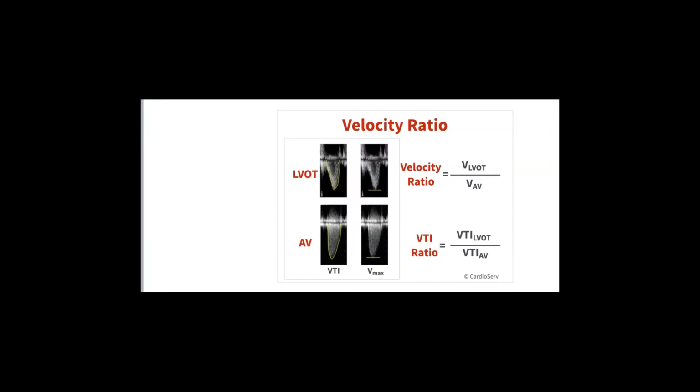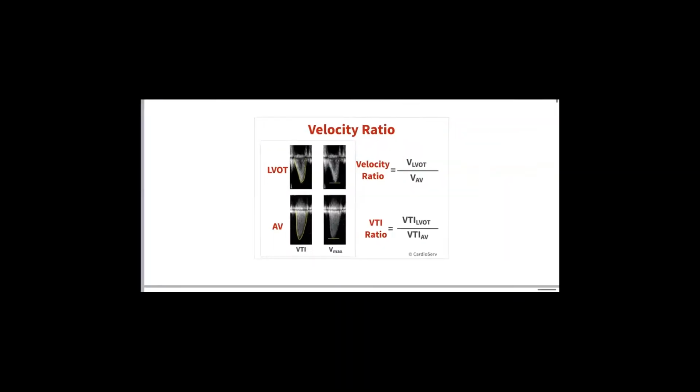So this flow problem will be adjusted if I use the velocity ratio, because if I have a problem in the flow, it will be equally happening in the LVOT and the aorta, and the velocity ratio will remain fixed. Okay? Okay, Juana? Yes. I am very keen that you understand the dimensionless index because it's an important measurement, and as we said, it lets you get away with diameter and flow.